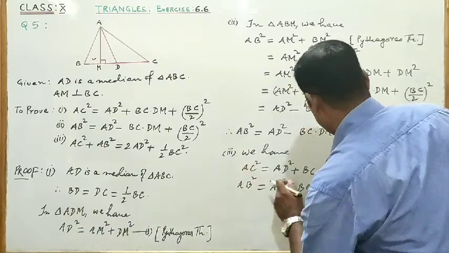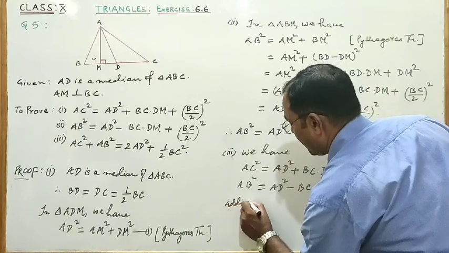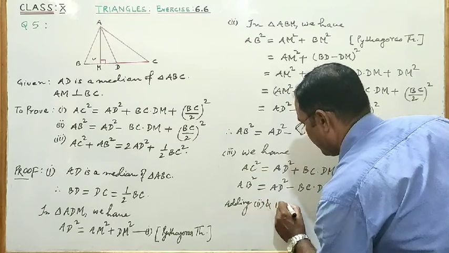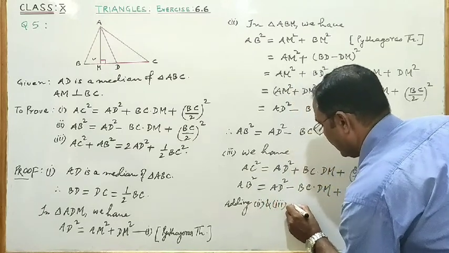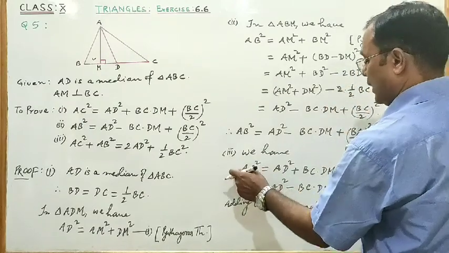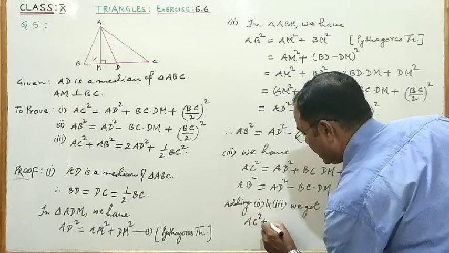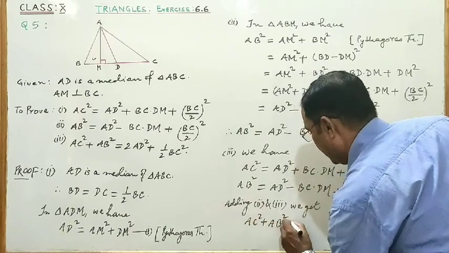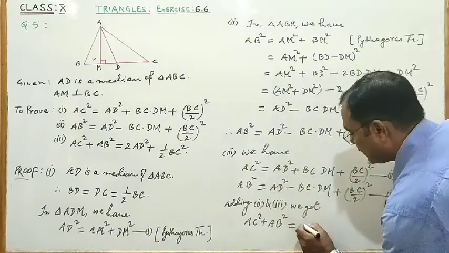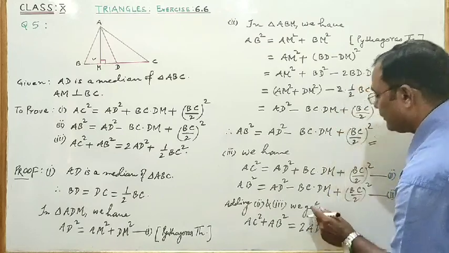Now adding 2 and 3, we get AC square plus AB square equal to AD square plus AD square, 2AD square.